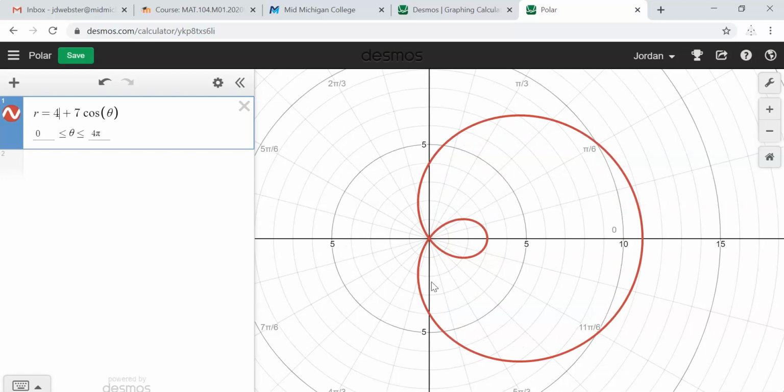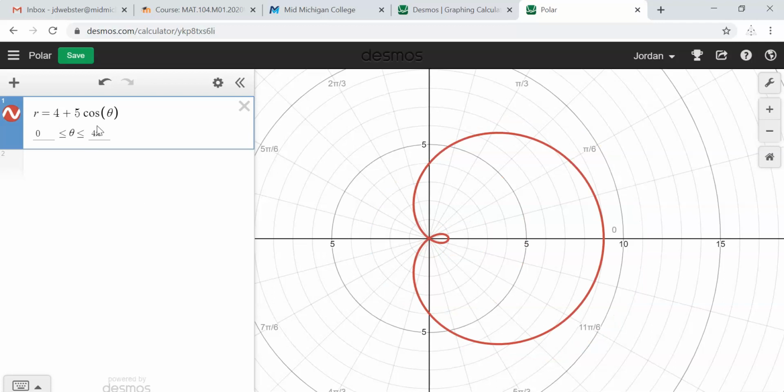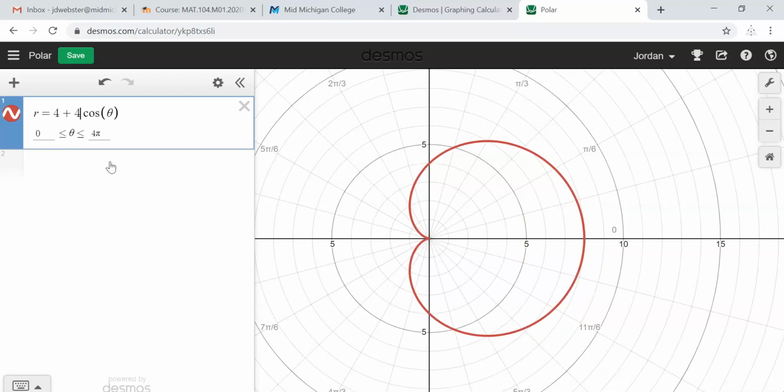It'd just be slightly reshaped. Or if I went from a 7 to a 5, notice that little inner loop got a lot smaller when 4 and 5 got closer to each other. What would happen if 4 and 5 were the same? Well, that inner loop would be eliminated. This is called a cardioid when that inner loop just gets eliminated.